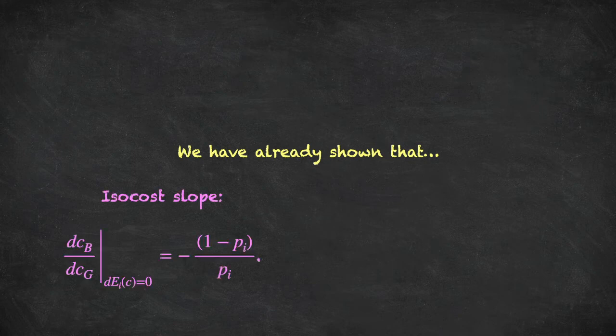So let's analyze the first order condition, this tangency condition, more formally. We've already shown that the slope of an ISO cost, the derivative of CB with respect to CG, with the condition that change in expected value equals 0, is equal to minus 1 minus PI over PI, where I is the type of the consumer, high risk, low risk, or unknown.